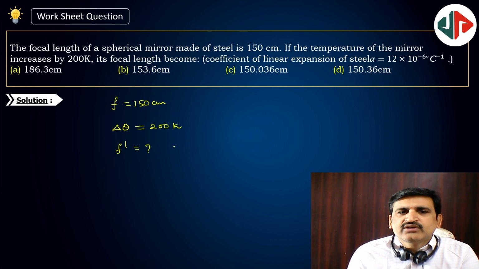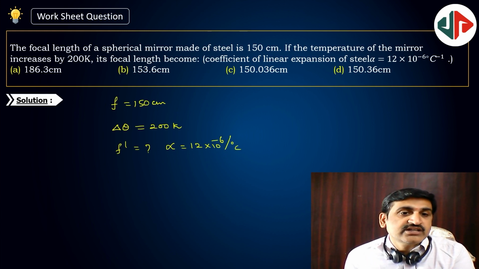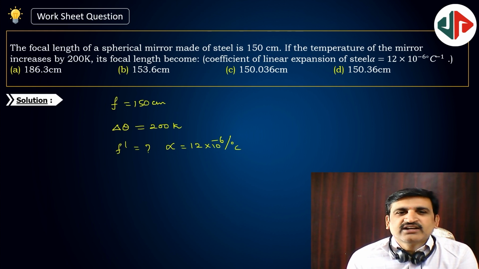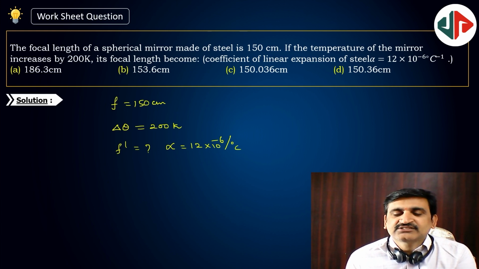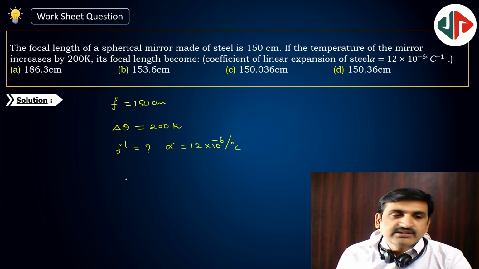You know the coefficient of linear expansion alpha is equal to 12 into 10 to the power of minus 6 per degree Celsius. So what is the relation between the temperature and the focal length? Focal length has a relation with radius, and radius is related to temperature. So focal length directly depends upon the radius.